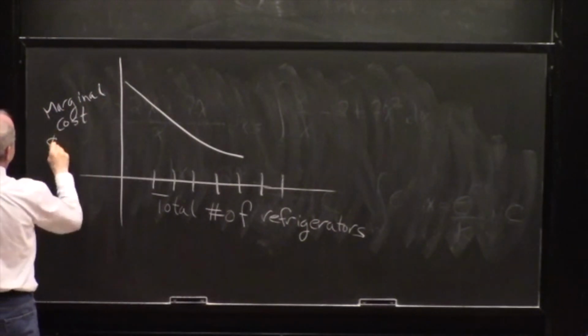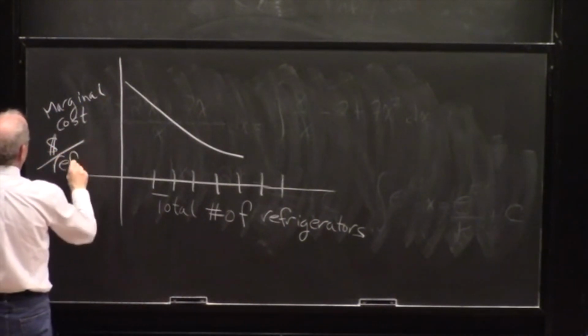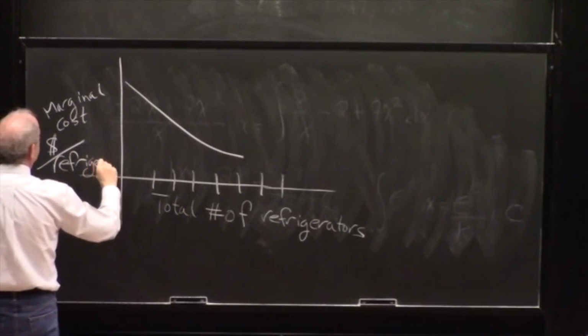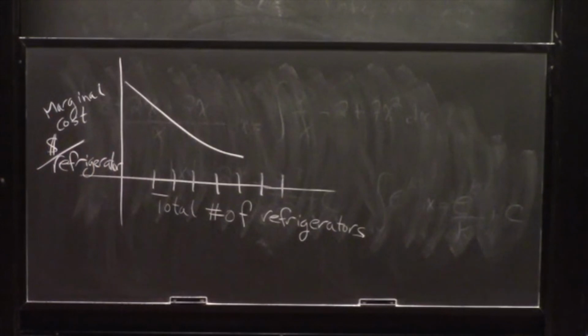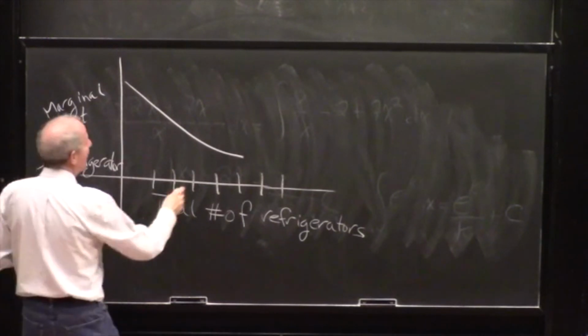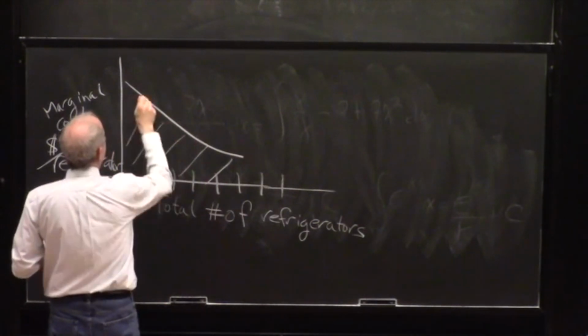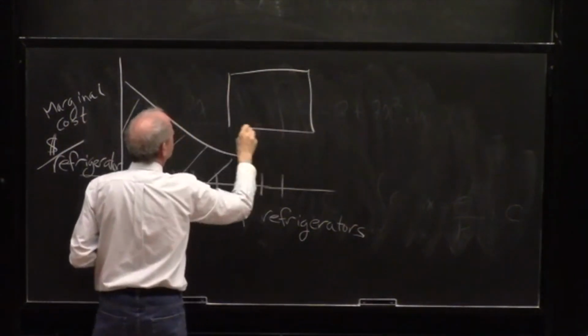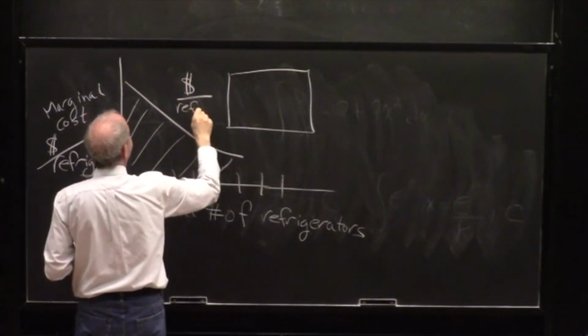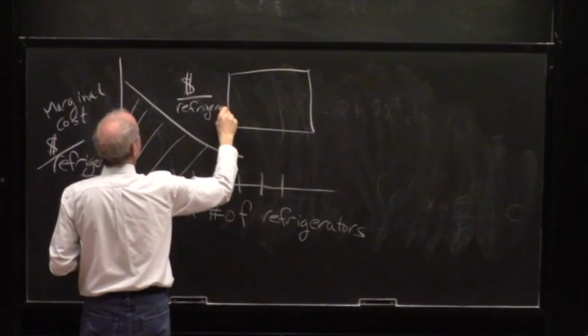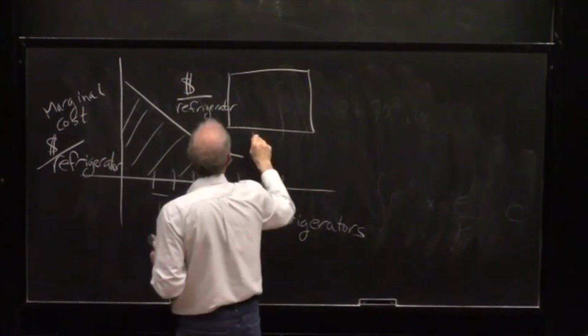So this is the dollars per refrigerator. That's how many dollars you spend per refrigerator, or euros, or yuan, or Swiss francs, or whatever currency, it doesn't really matter. So if we did the area under here, and you pretended it's a rectangle, then on this side you've got dollars per refrigerator, and on this side you've got refrigerators.